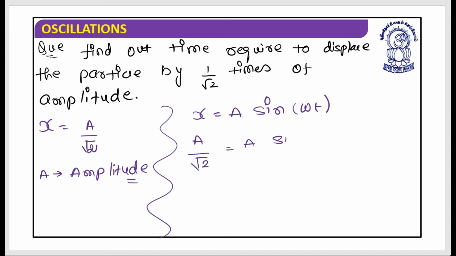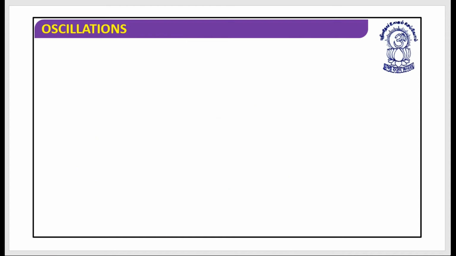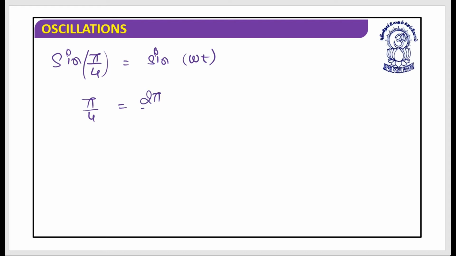So a and a cancel, and 1 by root 2 equals sine of omega t. Then sine pi by 4 equals sine of omega t. If I take the inverse function on both sides, it would be pi by 4 equals 2 pi by T multiplied by t. So this and this cancel, and t equals T by 8.